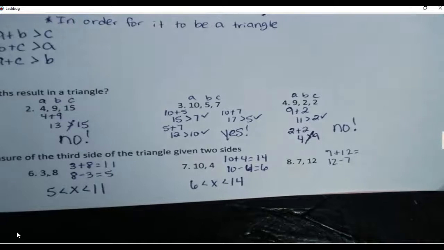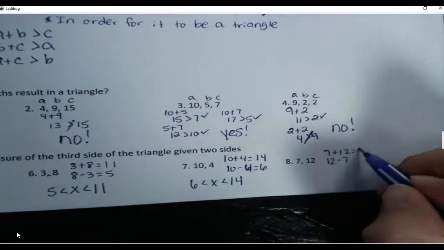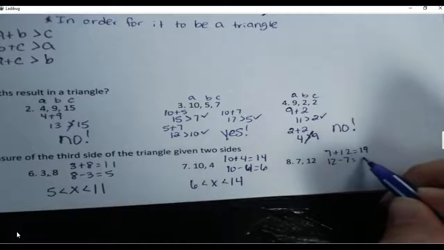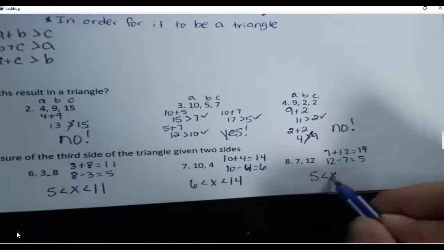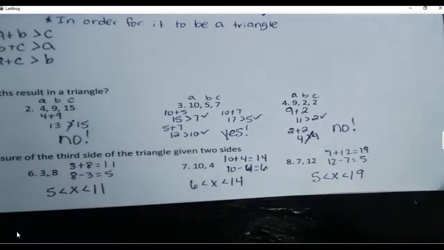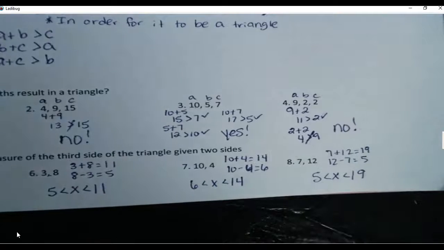So what's 7 plus 12? And 12 minus 7? 5. Good. So we need to be between 5 and 19. Question.